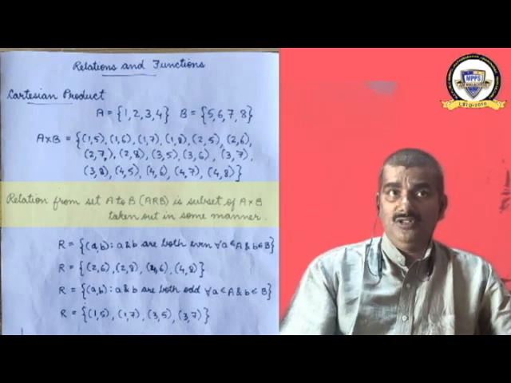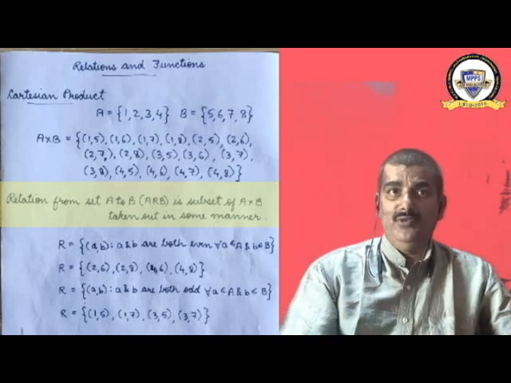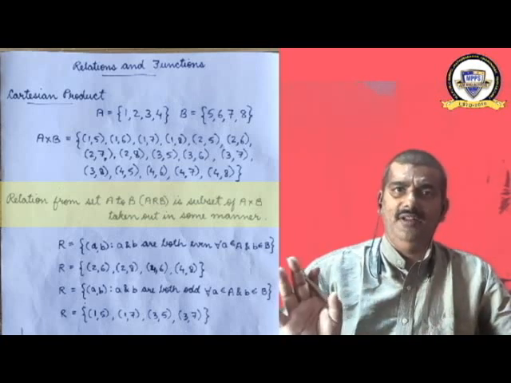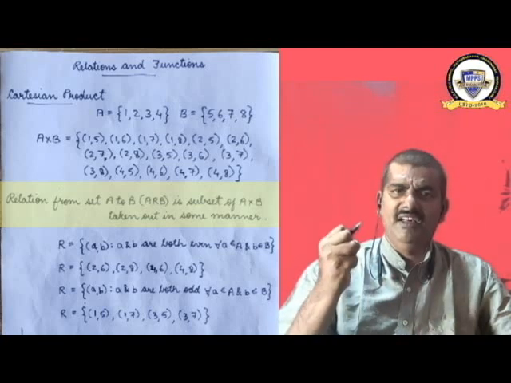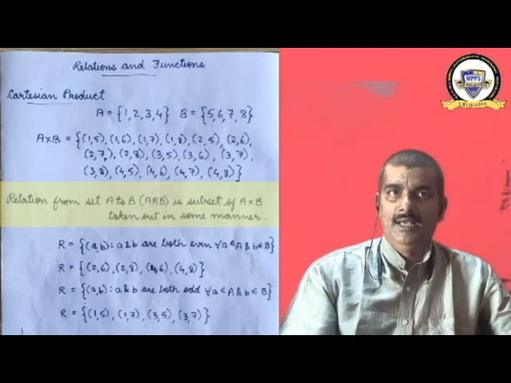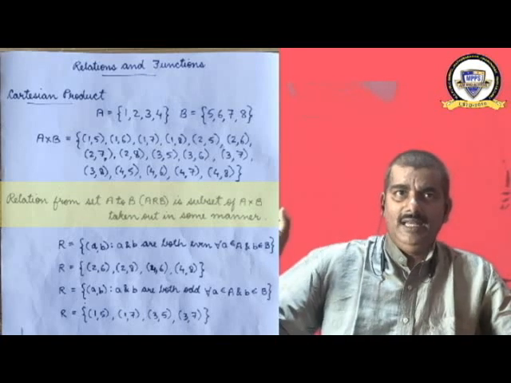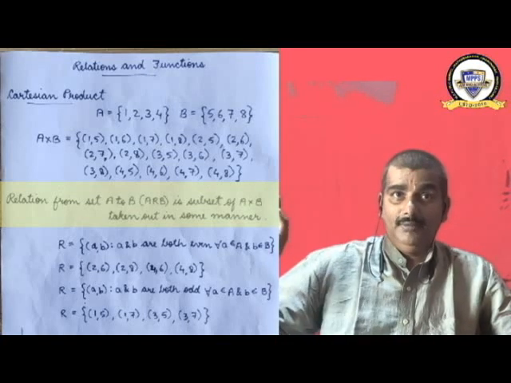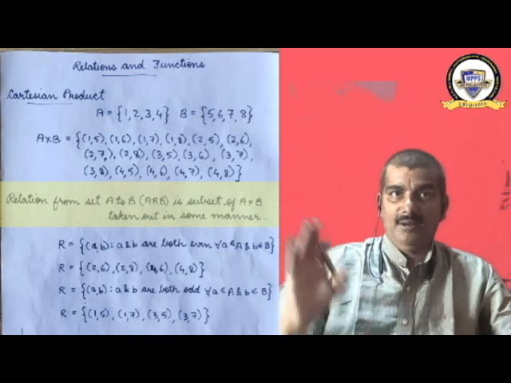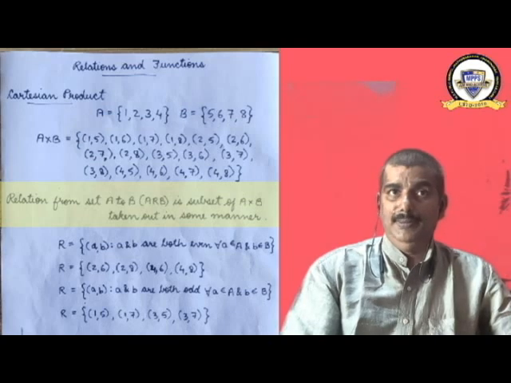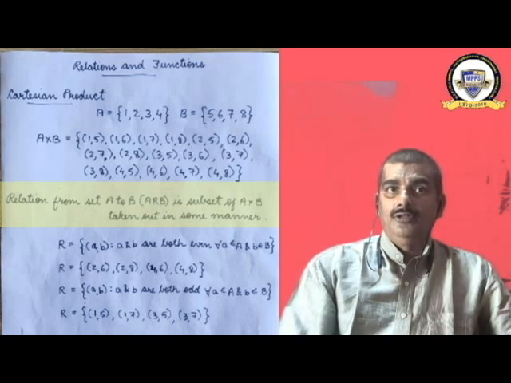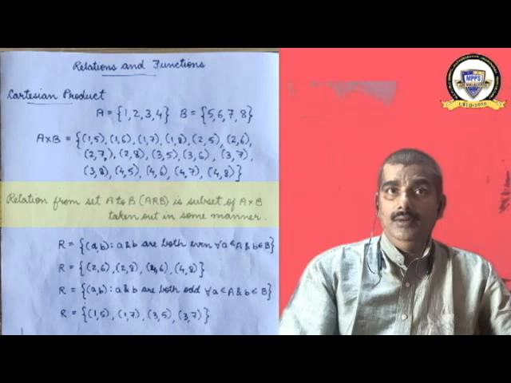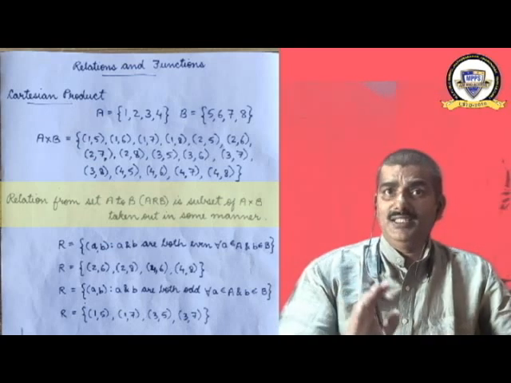From A cross B, a relation from set A to B, we can write in an unlimited number of ways. A relation from set A to B can be represented by a R b, a related with b. Just see that bracketed matter there on the whiteboard. That a R b will be a subset of A cross B.